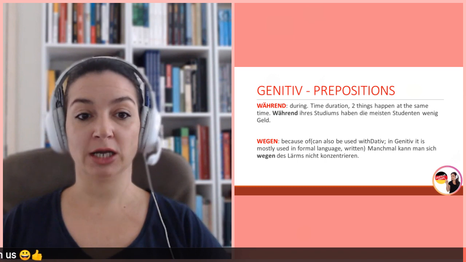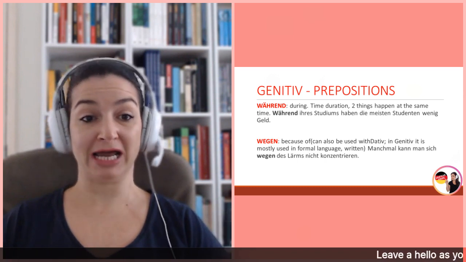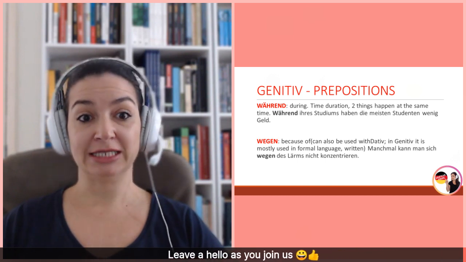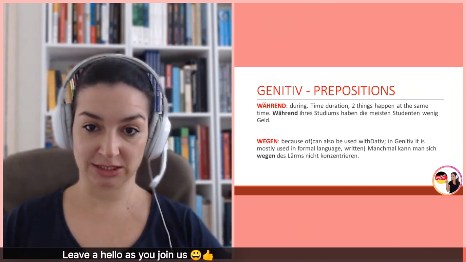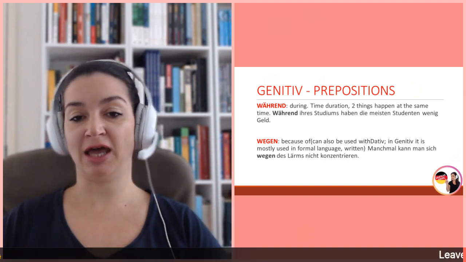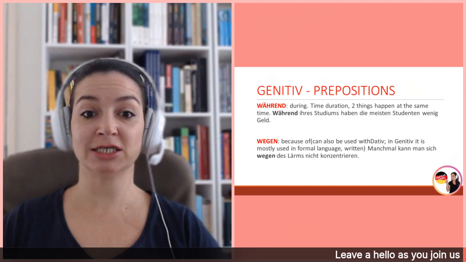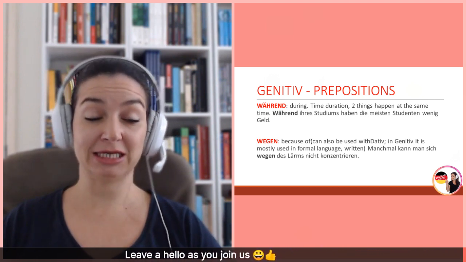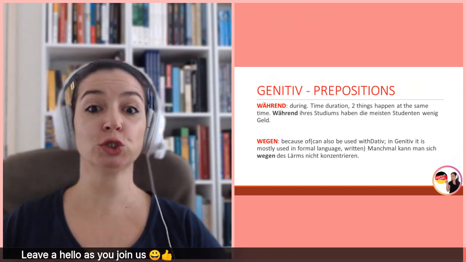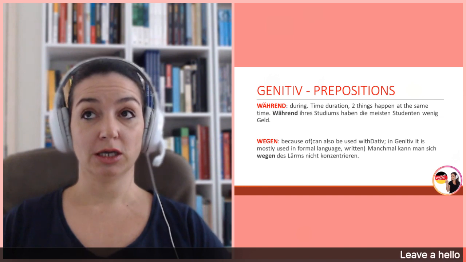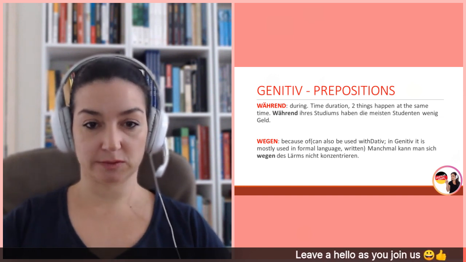When people are being formal, writing books, or talking on the news, they still use genitive. But in everyday situations, people are already using wegen with dative. So genitive really is being slowly excluded from the informal language, at least.